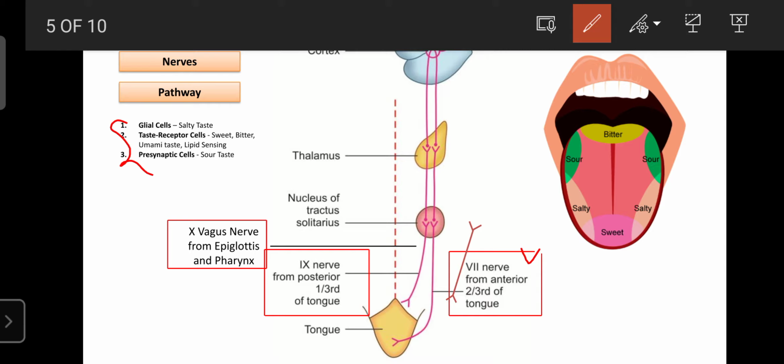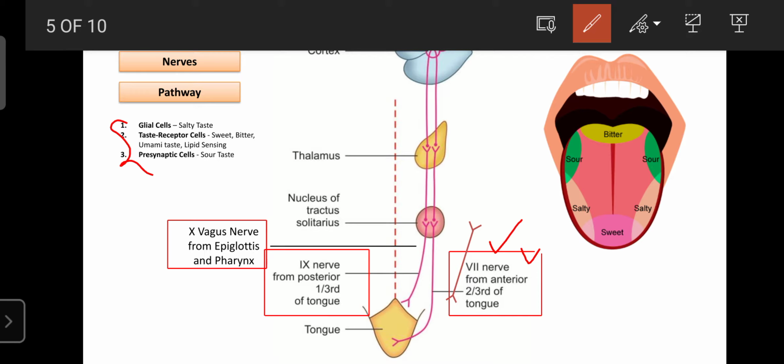This seventh cranial nerve is also known as the facial nerve. Its nuclei are mainly present in the pons and medulla. The message is integrated and then sent to the cortex, and then the taste centers present in the cortex are able to detect what kind of taste it is, with the help of the facial nerve.